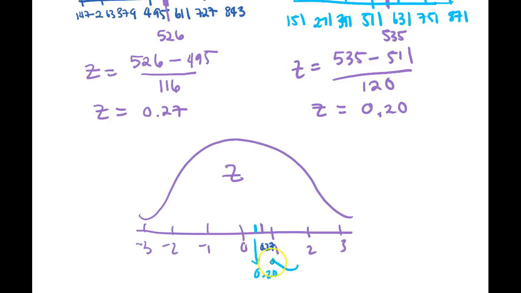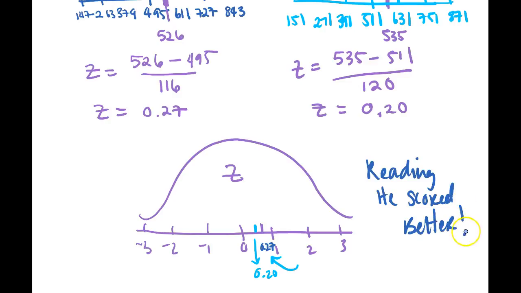So it looks like he scored better in reading than in math, because he has a higher z-score for critical reading rather than the math section of the SAT. All right, this is how we can use z-scores to basically transform any normal distribution into the same standard format.